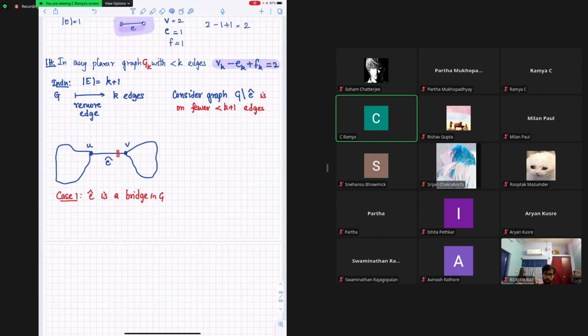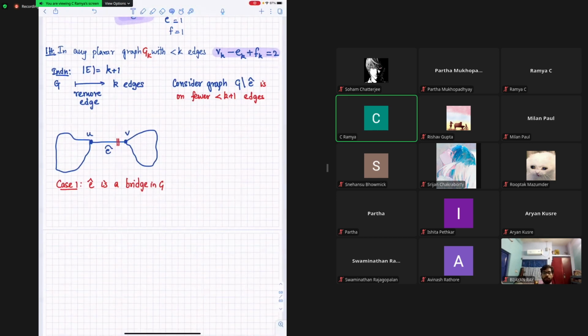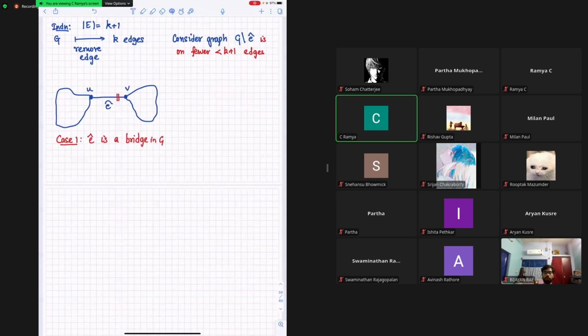So you are given a graph with k plus 1 edges. You want to use the inductive hypothesis, so you're going to remove one edge, and you don't know what the structure of this edge will be. As a first case, let us consider that this edge is a bridge. So if it's a bridge, what does it mean? Once you remove the edge, the graph will be disconnected. So you know that this graph G minus E tilde is on fewer than k plus 1 edges and is disconnected.